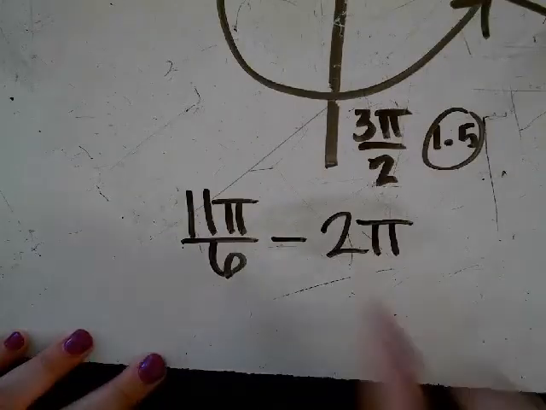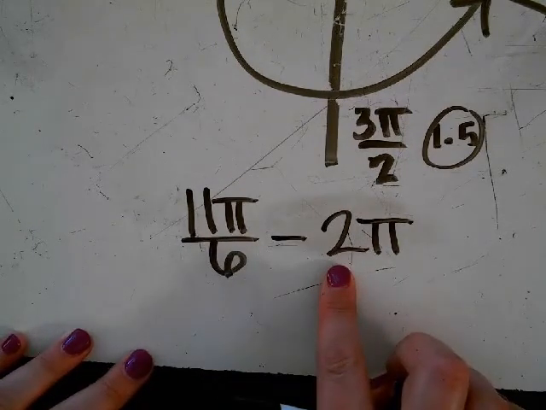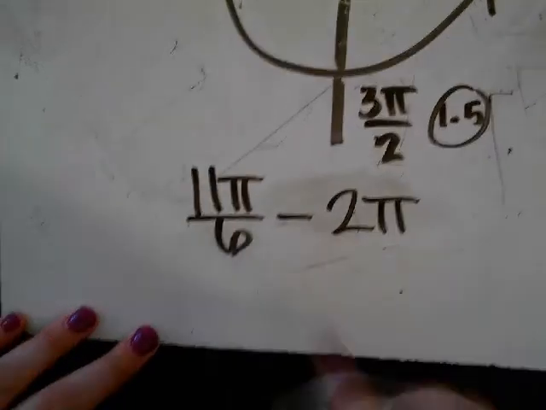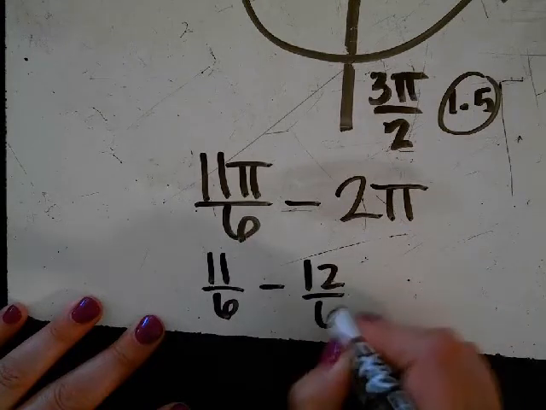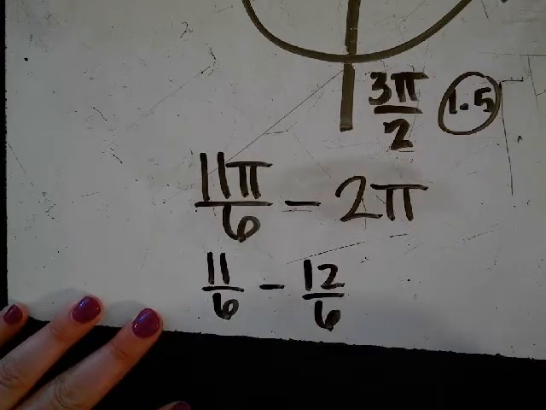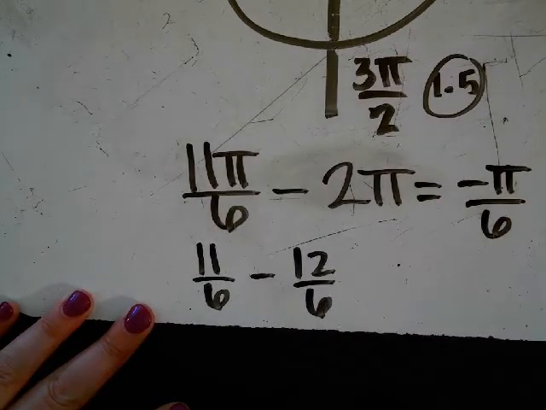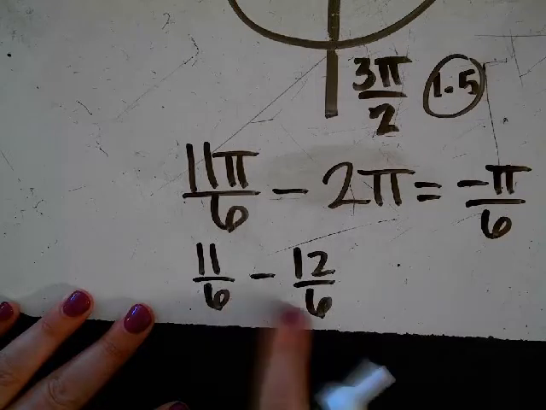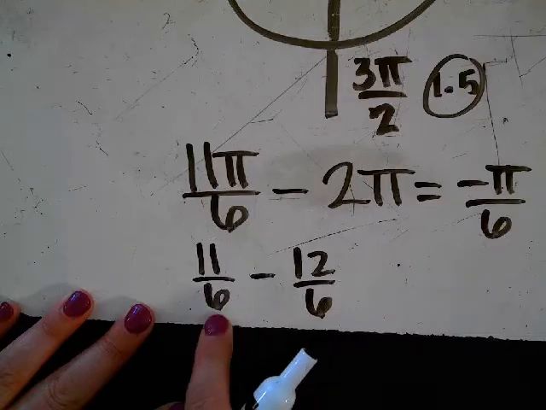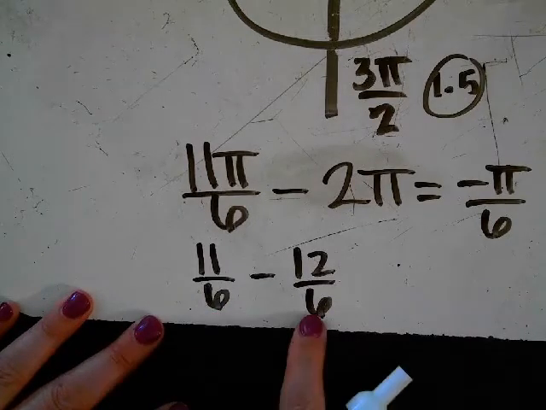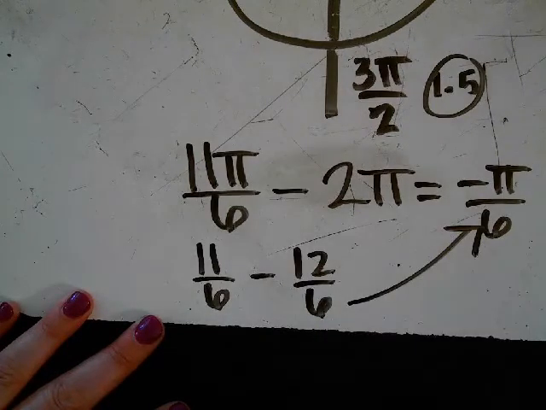So 11 over 6 minus 12 over 6 is what? Negative pi over 6, negative 1 over 6. See how I subtracted off a whole circle? So I did my angle minus a full circle equals the coterminal angle. Does that make sense? My angle minus a full circle equals the coterminal angle. Okay, let's try one more of those just to make sure we got it.